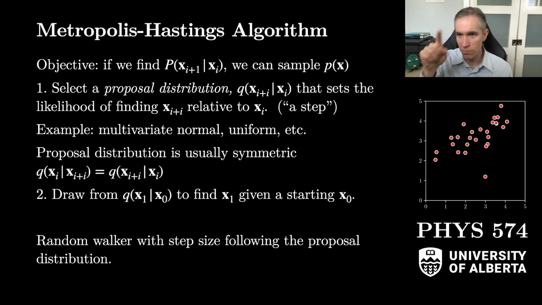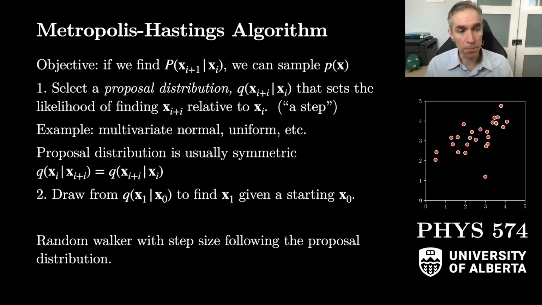So it's symmetric under argument interchange. Like a Gaussian, anything that depends on the distance between the two points and not the orientation will automatically fulfill this, because you can always interchange two points and get the same distance.